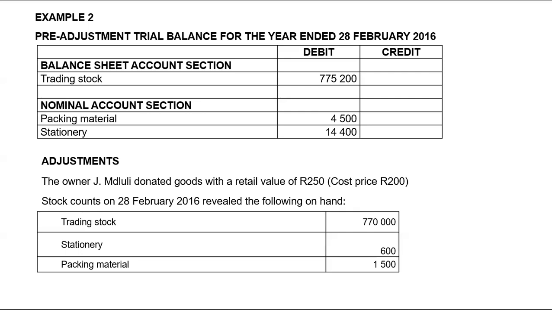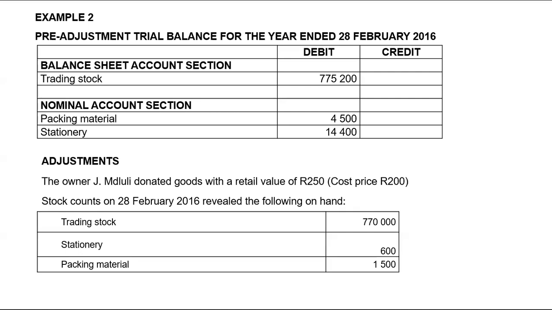And as per the previous video, you will remember I said to you, for now, trading stock will always be measured at cost price. And I did mention that later on, when you get to first year, second year, you will learn about what is referred to as net realizable value. But for now, grade 12, just remember that trading stock must always be measured at cost price.